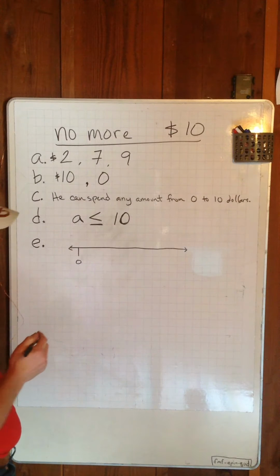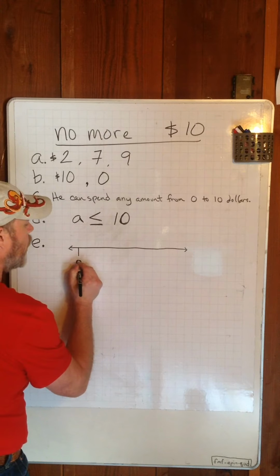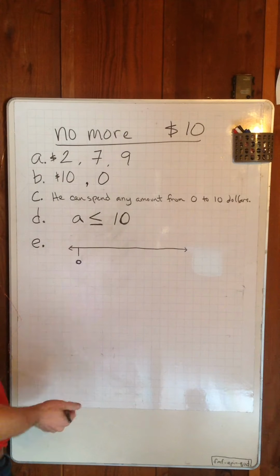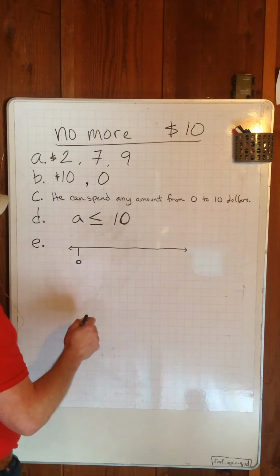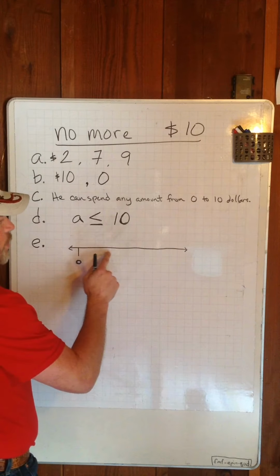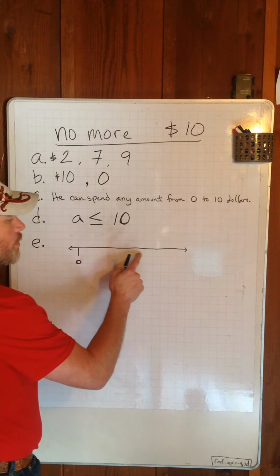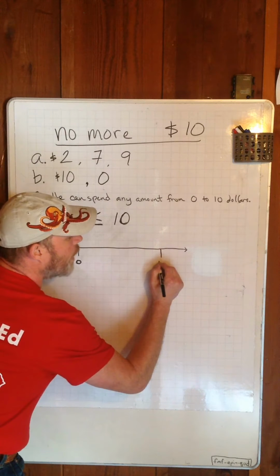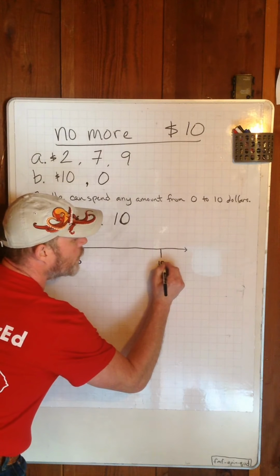He's not going to spend negative money at the arcade. And the top, the maximum amount that he can spend at the arcade is 10. So that's 1, 2, 3, 4, 5, 6, 7, 8, 9, 10. Right there. That is $10.